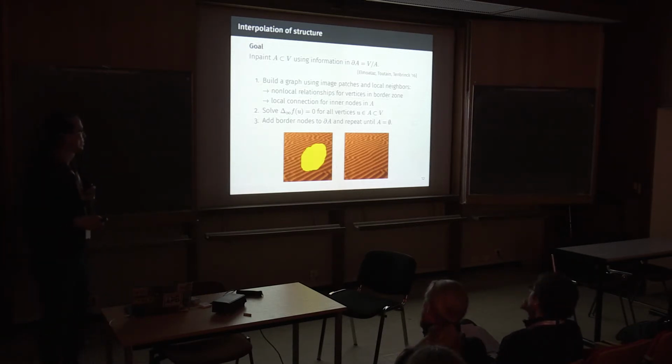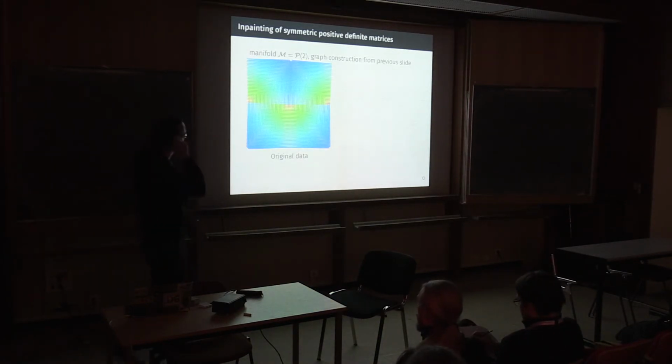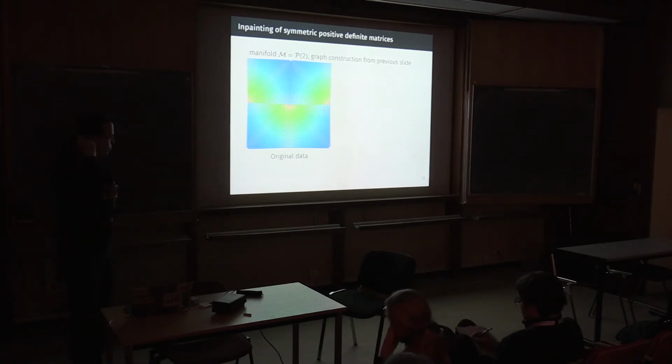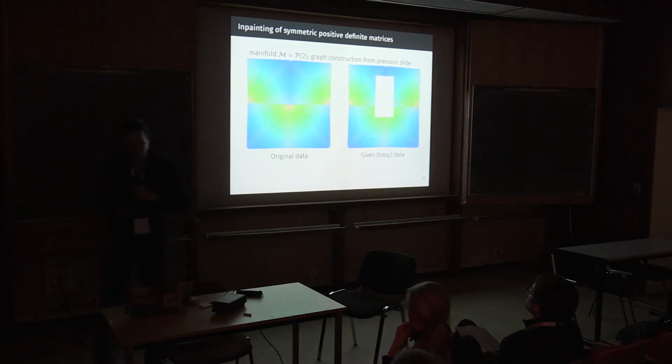And we did the same now with the just presented scheme for manifold valued data. For example, on the space of symmetric 2x2 matrices, which is just ellipses, and I colored them by their anisotropy index. So blue means quite anisotropic, red means circle. And we're missing the center part.